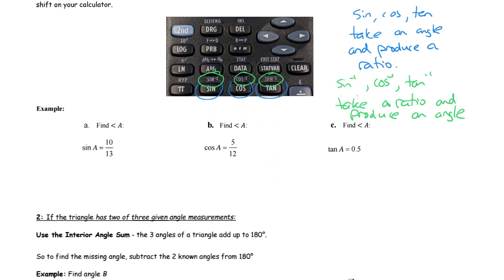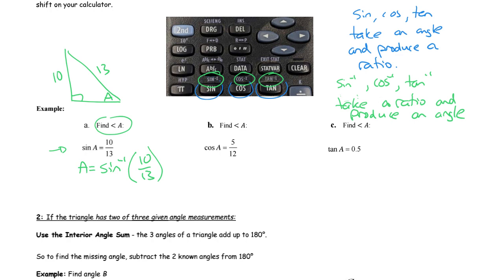So for example, if I was going to look for angle A, and let's say I had my triangle here, and here's angle A. I don't know what that is, but I do know that the side over here is 10 and the hypotenuse is 13. I would know that this statement is true. The sine of A is equal to 10 over 13. Now, I want to know what A is. So what I'm going to do is use the sine to the -1 button of 10 over 13.